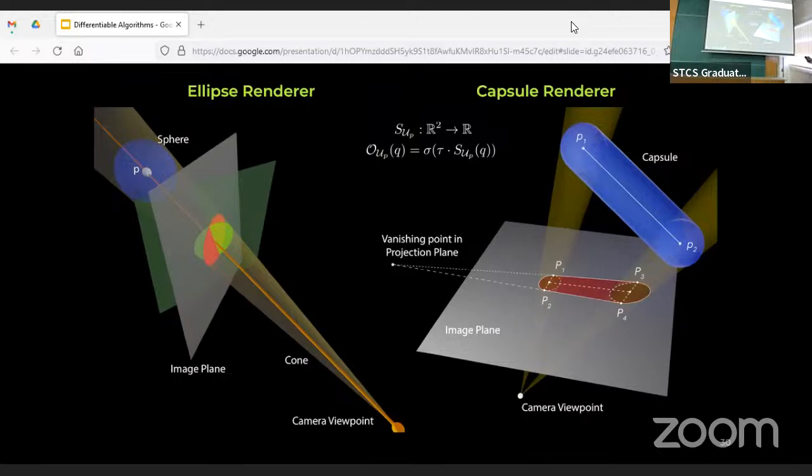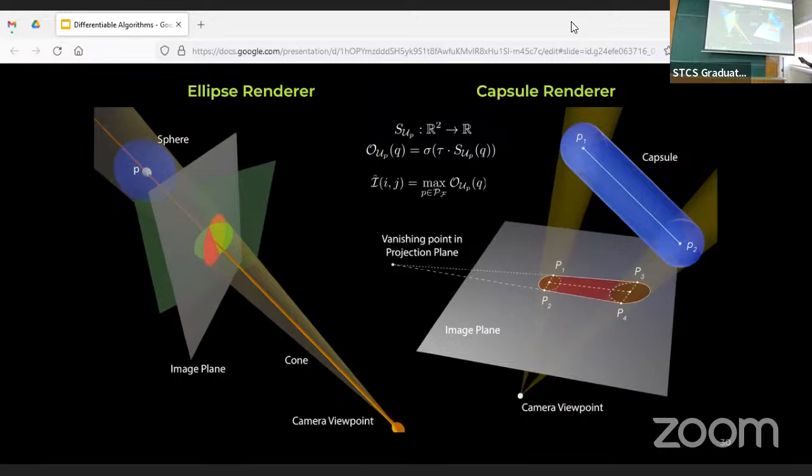Once we have the signed distance, we can use a sigmoid function or any function which maps to the range 0 to 1. If it is positive, it's inside, then this value would become 1. If it is negative, it's outside the shape, and it would map close to 0. From that we get an occupancy value for any query point on the image plane. We can compute a soft estimate of whether it's inside or outside. So it's not hard, it's a soft estimate, and it's differentiable.